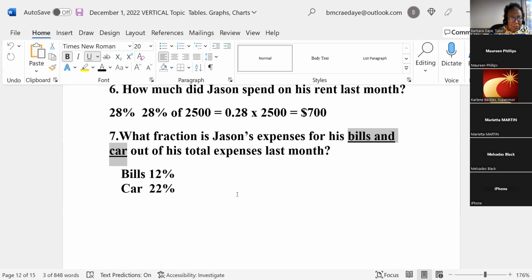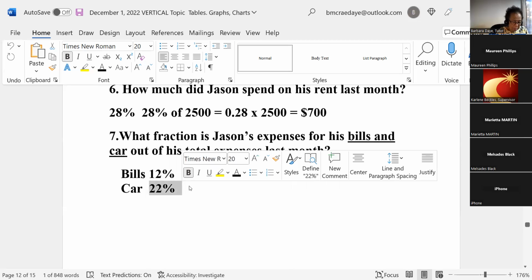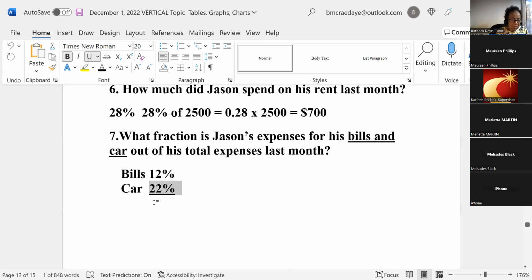How would you solve this to find the fraction, Maureen? I added the two together. Okay, you add these two together and you got what? 34. 34%. Okay, let's just take that. You added those two together and you got 34%. All right, then what's your next step?